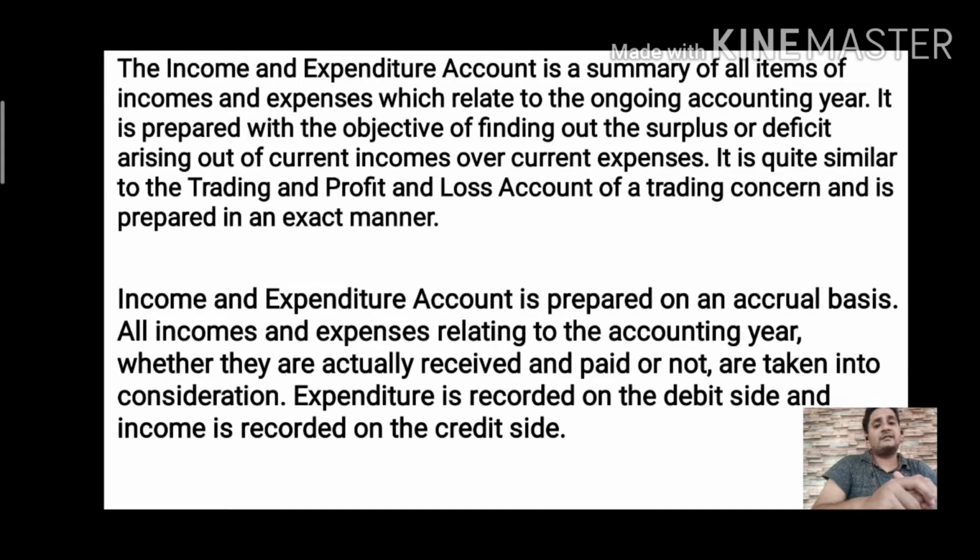All incomes are credited and all expenditure is debited. So this is the nominal account rule. You have to apply that rule while preparing the income and expenditure account, because income and expenditure account is a nominal account.